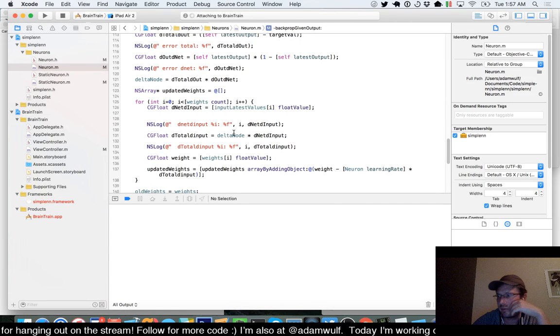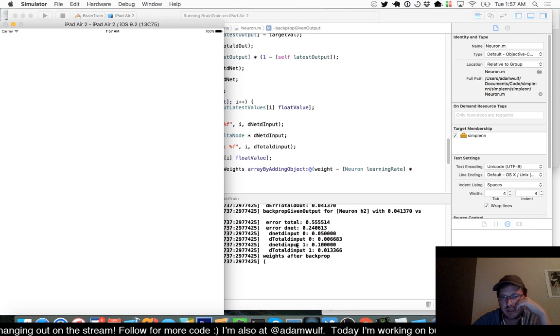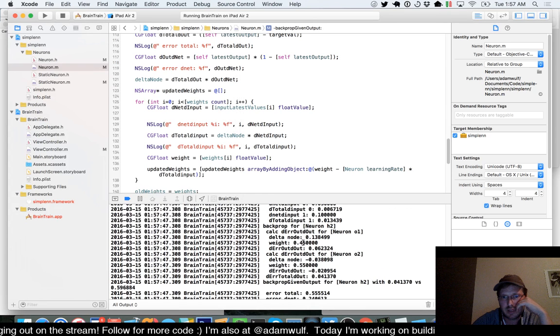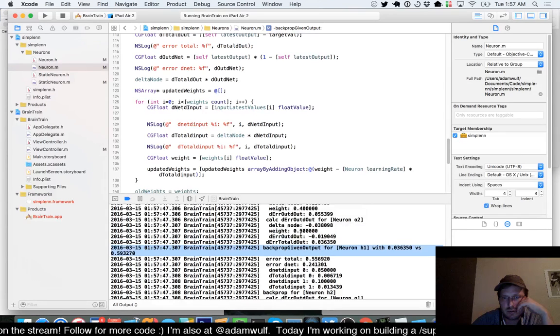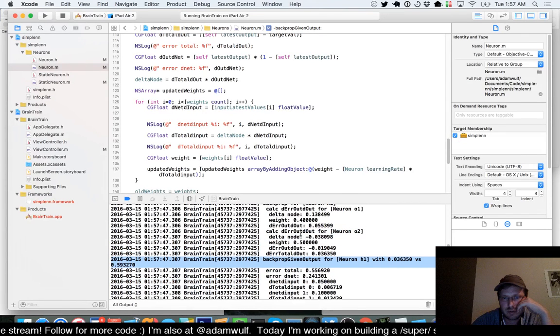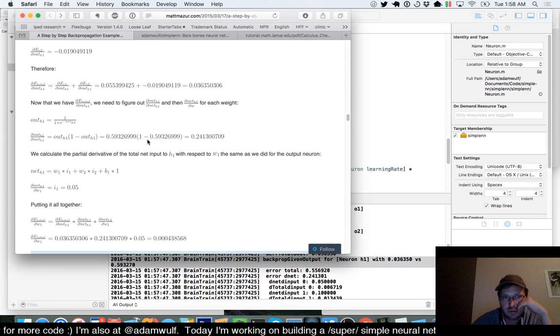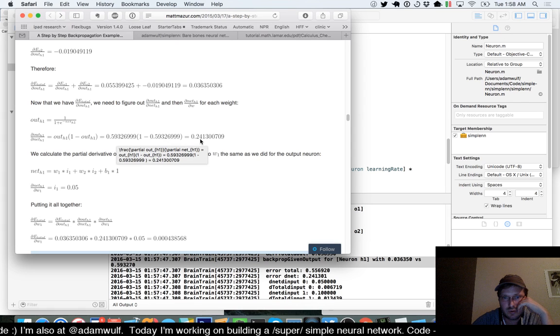That'll give us a little bit better logs to see what's going on, so that way we can validate what's happening, right? So we want to do backprop given output with 0.3635 versus 0.59327, times 1 minus 0.59327. 0.2413.